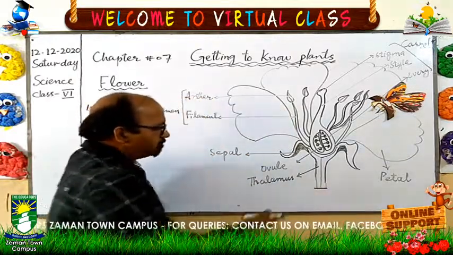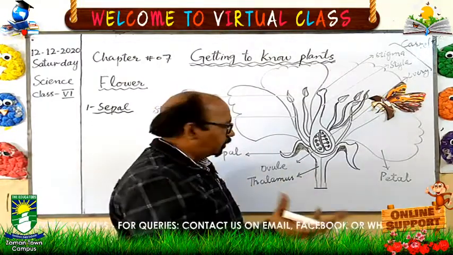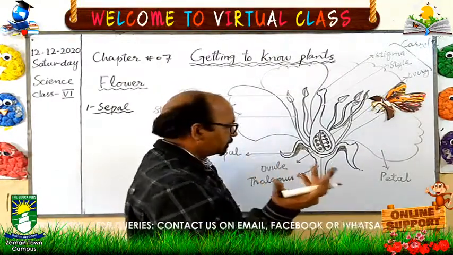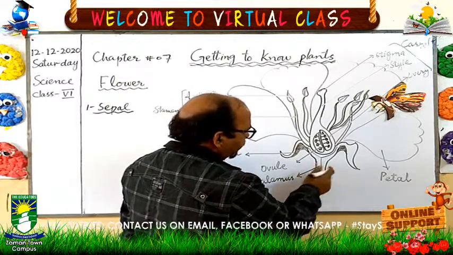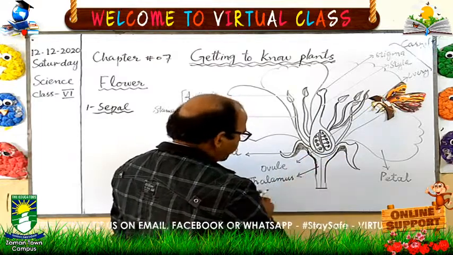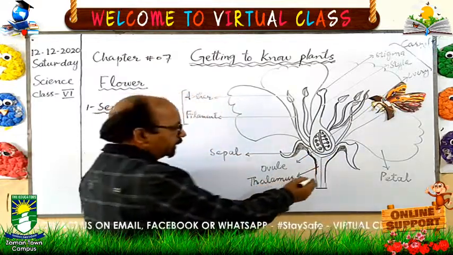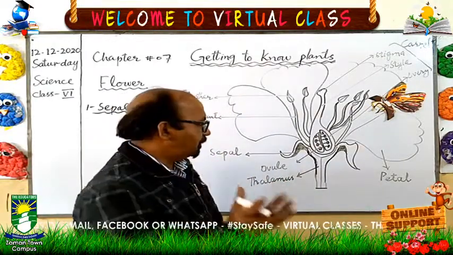This is called the pedicel, which is attached to the branch of a plant. And this portion of the flower is called its thalamus. Thalamus is the base of the flower.